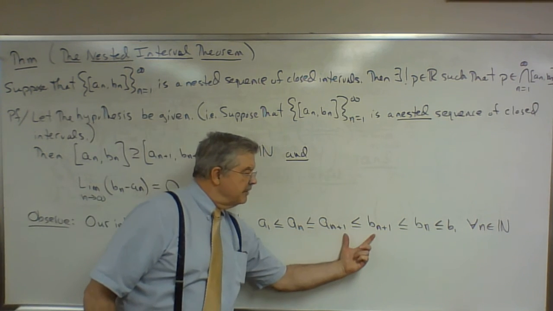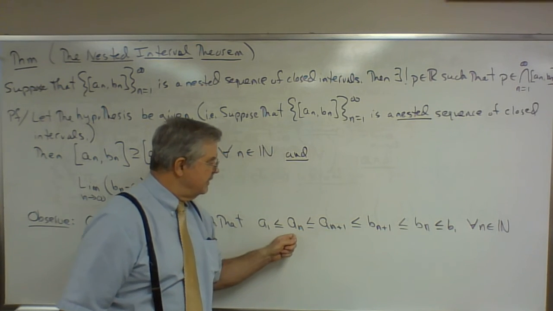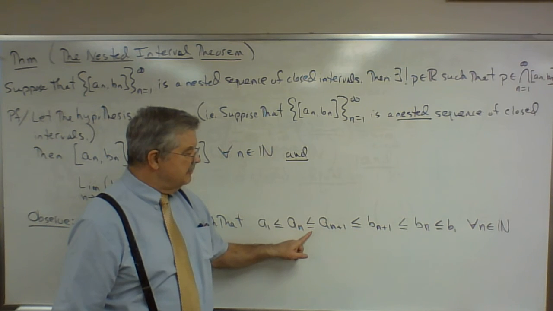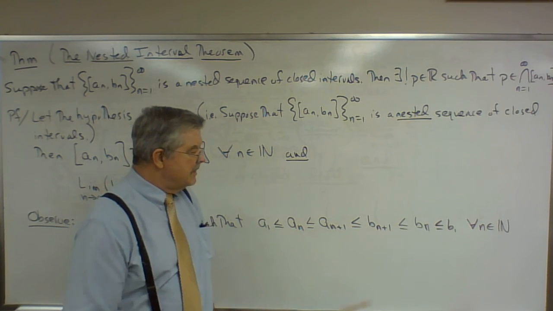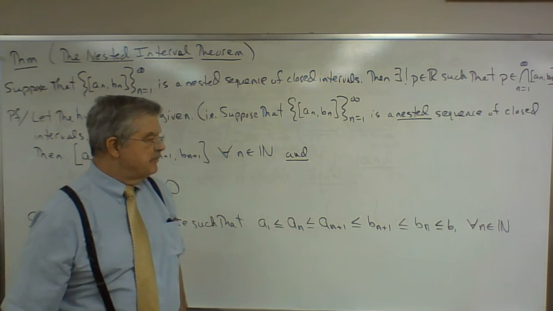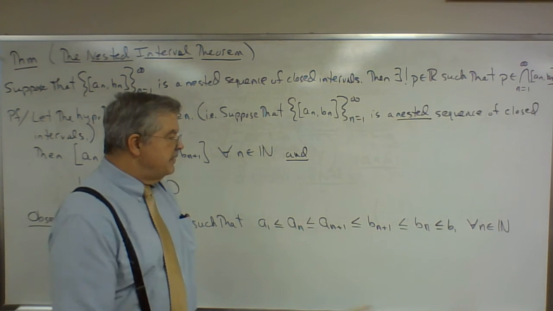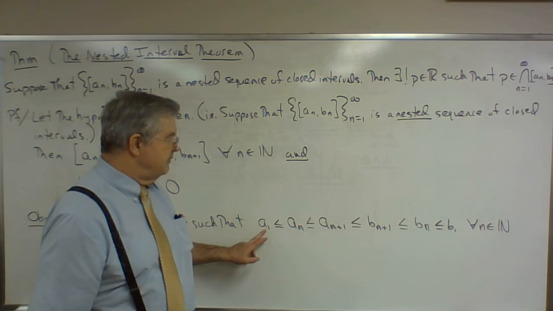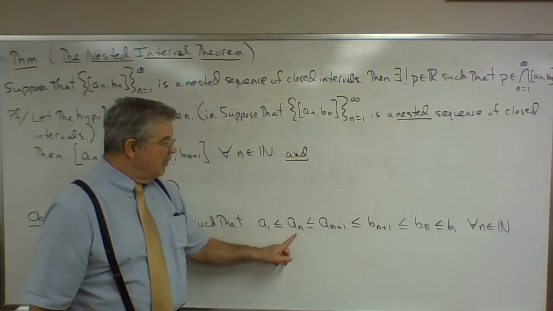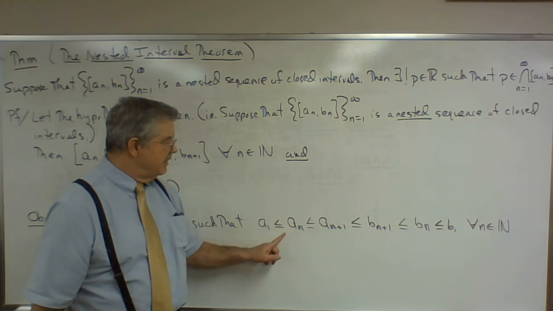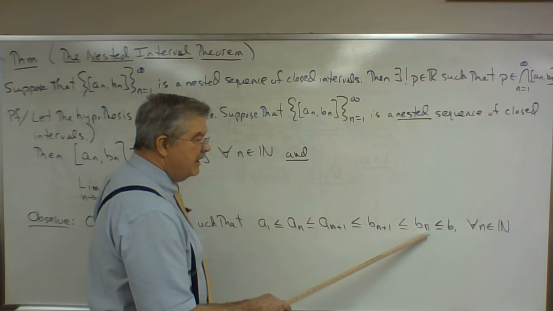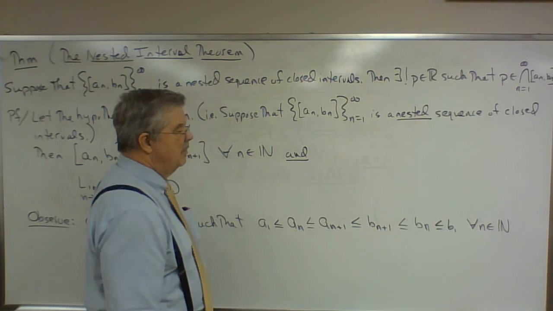So in order for this interval to be contained in its predecessor, a sub n, b sub n, a sub n has to be less than or equal to a sub n plus 1, and b sub n plus 1 has to be less than or equal to b sub n. And all of these intervals fit inside the first interval, a sub 1, b sub 1. So all left endpoints have to be greater than or equal to a sub 1, and all right endpoints have to be less than or equal to b sub 1.